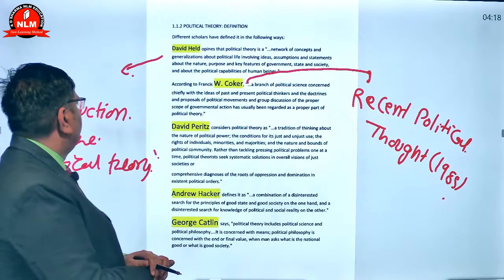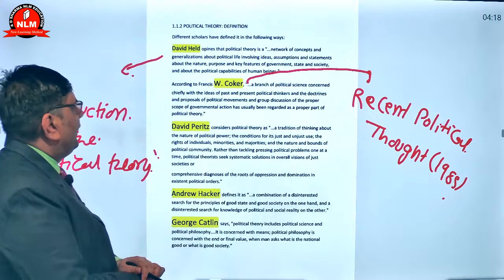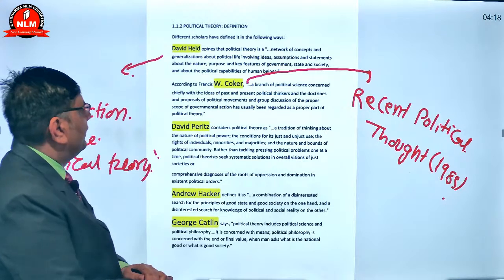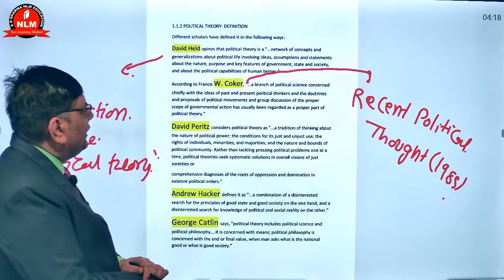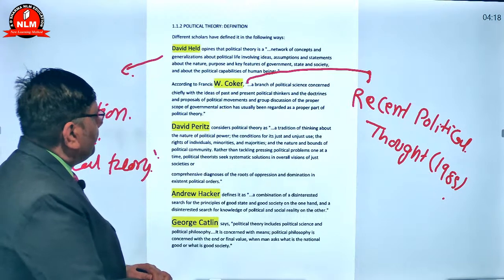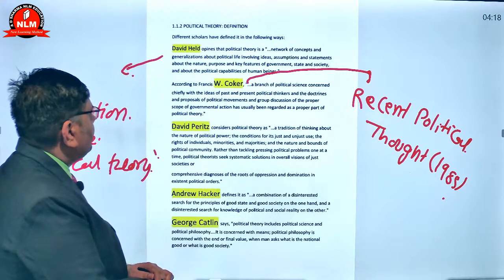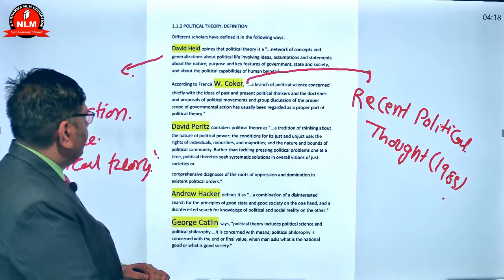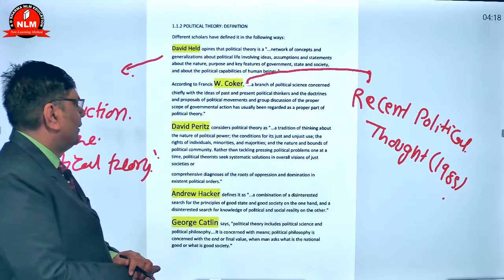Third thinker, the famous thinker David Perritt, considered political theory as a tradition of thinking about the nature of political power, the conditions for its just and unjust use, the rights of individuals, minorities and majorities, and the nature and bounds of political community, rather than taking up pressing political problems. At the same time, political theorists seek systematic solutions in an overall vision of a just society or a comprehensive diagnosis of the roots of oppression and domination in the existing political order.